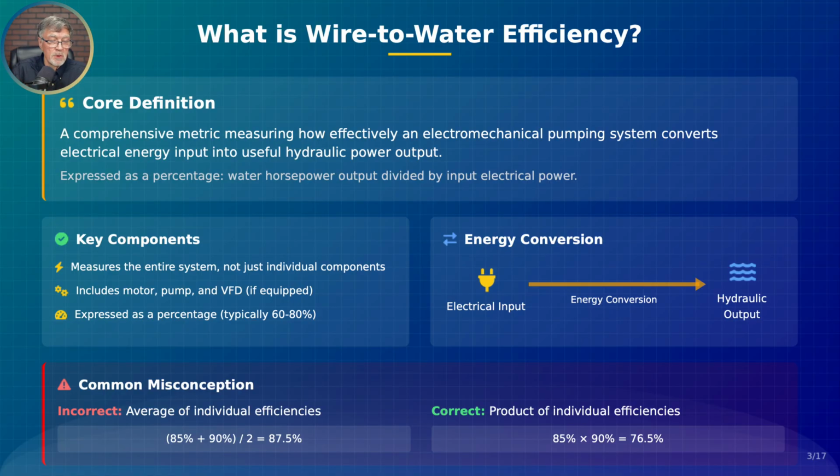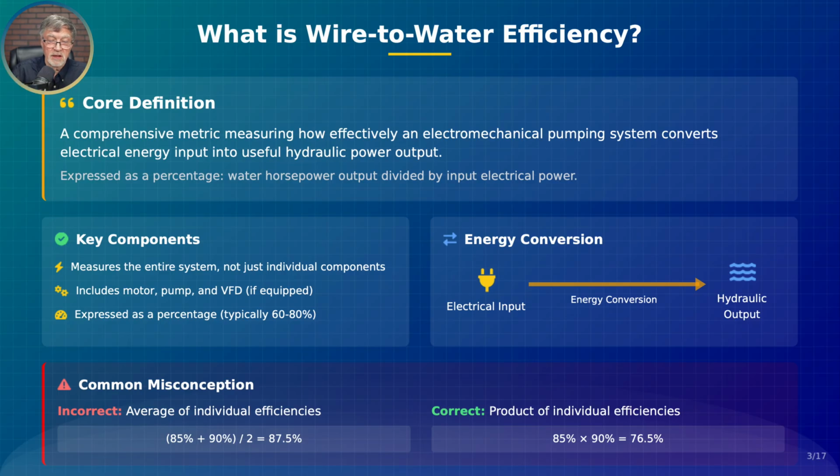Here's what's important to understand. The common misconception is that wire to water efficiency is an average of individual efficiencies. So the pump and the motor, you add them together, you divide by two, and if you have 85% and 90%, you come up with 87.5%.